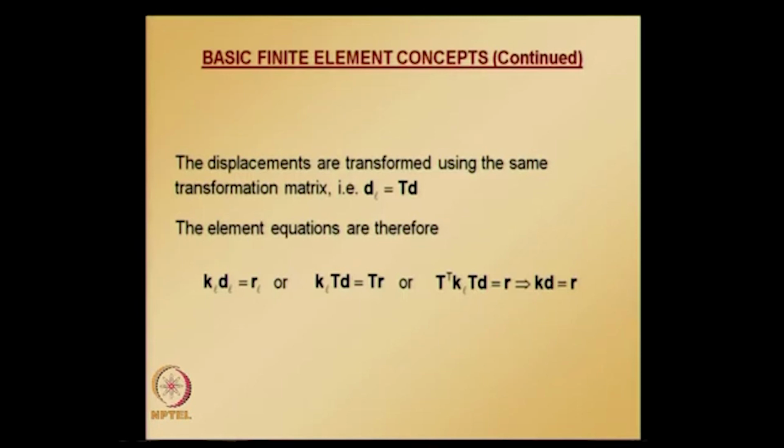DL is equal to TD is substituted, and both the left hand side and right hand side are multiplied with T transpose, and K is defined as T transpose KL T, and then finally it can be written as KD equal to R, where K is equal to T transpose KL T. Earlier we have looked at this kind of thing when we were solving 2-dimensional or 2D plane truss and 3D space truss problems. We have a similar kind of transformation, except that the transformation matrix here is different.